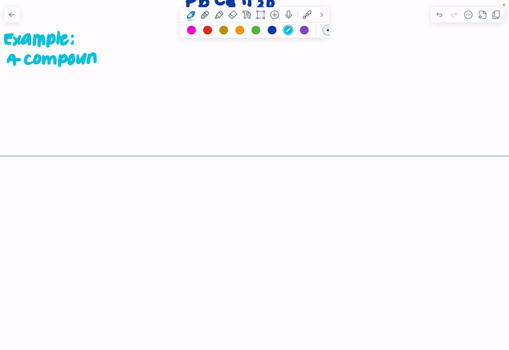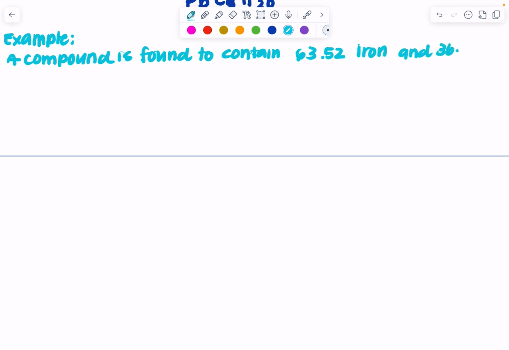A compound is found to contain 63.52 iron and 36.48 sulfur. What is the empirical formula?